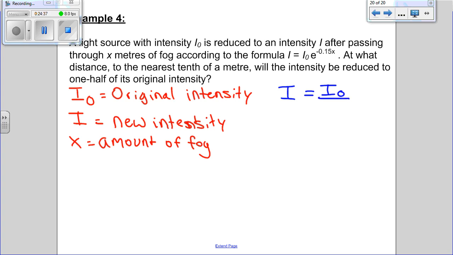Correct? Correct. So that means I could substitute this into this. I'm going to do that substitution, and I'm going to show you a trick that makes it easier. So, I naught over 2 equals I naught, and then e to the power of negative 0.15x.